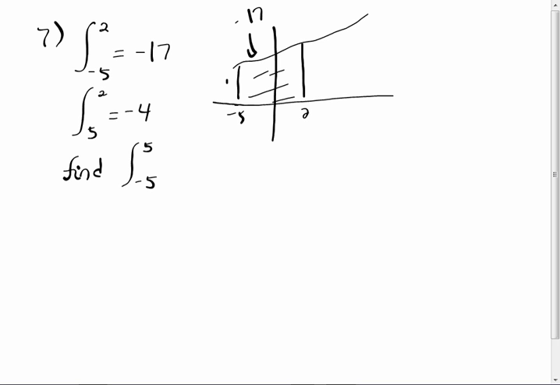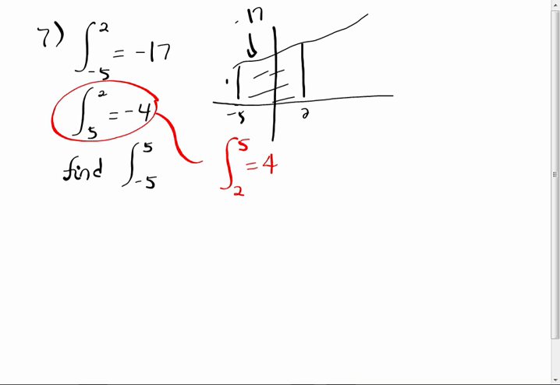That's going from 5 to 2. That's the wrong order, isn't it? That's number 7. So I can change this to make it 2 to 5. That's equal to +4.